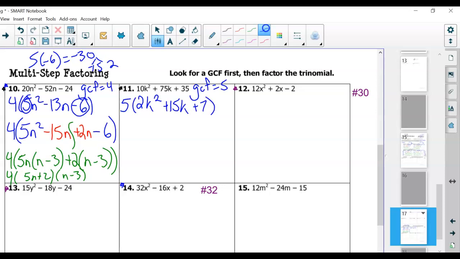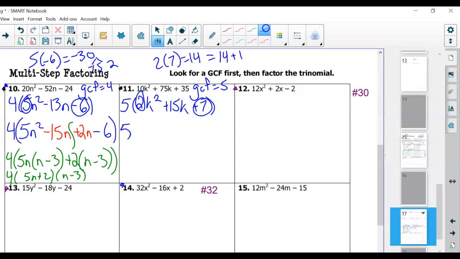And then my steps begin again. 2 times 7 is 14. Two factors that would add to be 15 that I can think of off the top of my head are 14 and 1.